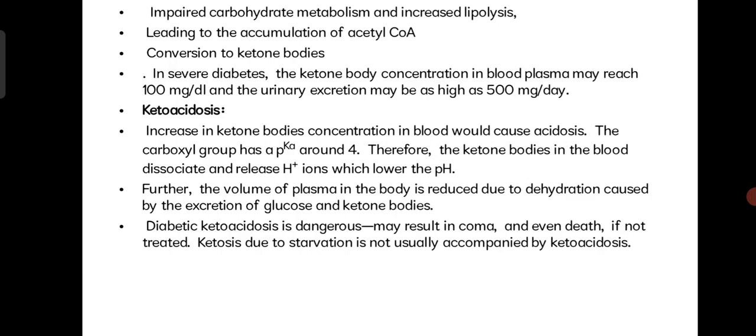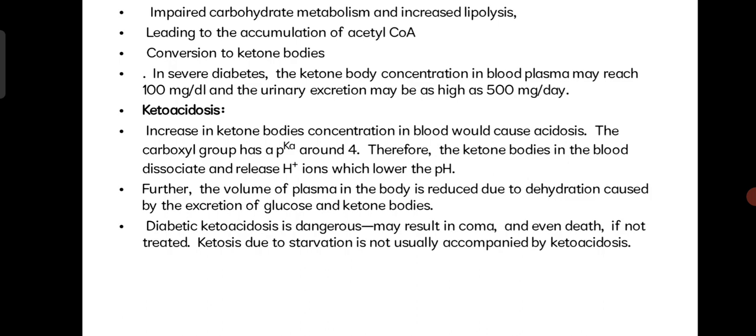Here, the carboxyl group: I told you that the important ketone bodies are acetoacetate and beta hydroxybutyrate. Both of these acids have a carboxyl group, so their pKa is around 4. Here the ketone bodies will dissociate, and they release more hydrogen ions.